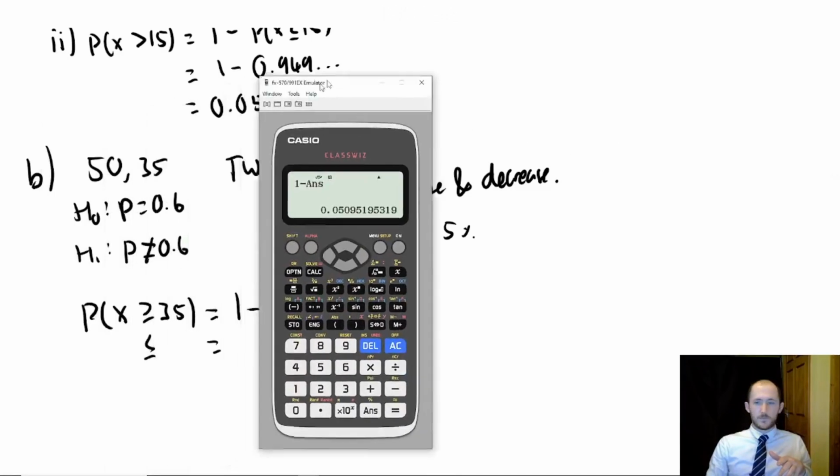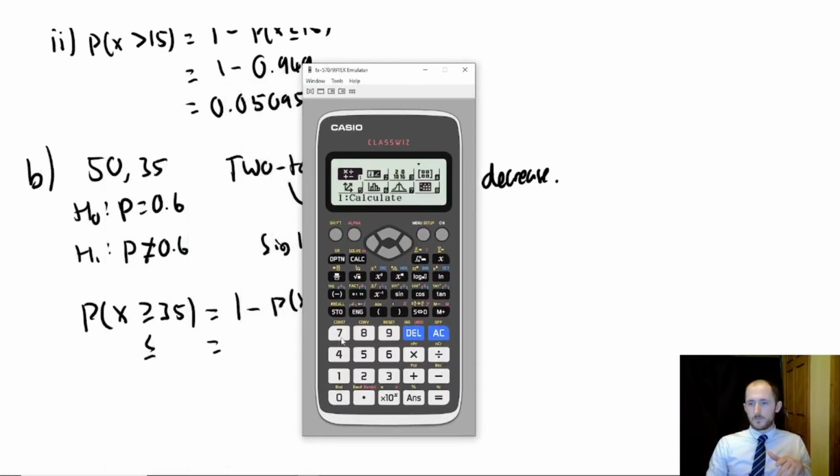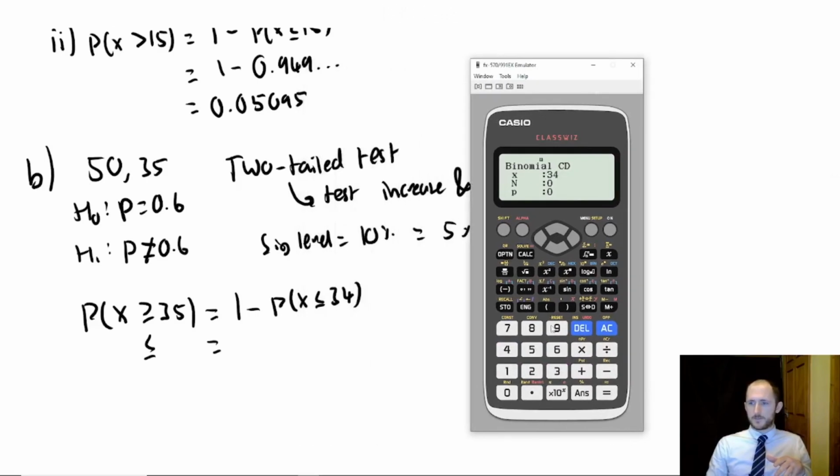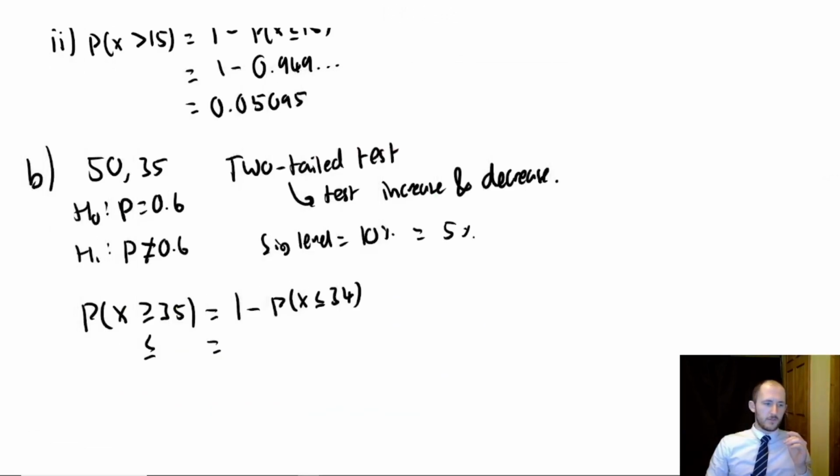So I'm going to test 34, almost 35, out of 50 serves. Probability of 0.6. We get that, and then I'm going to go straight back to this, do 1 minus answer. We get 0.095, blah, blah, blah, blah, blah.